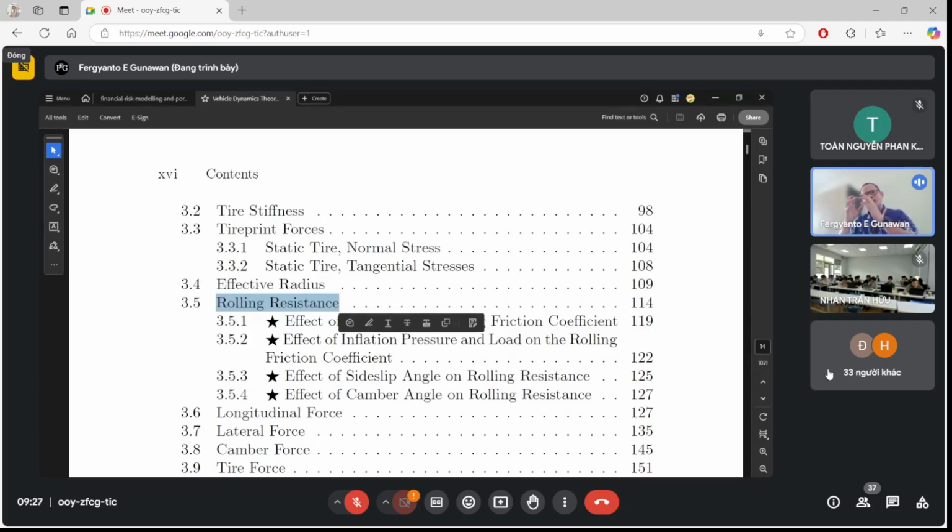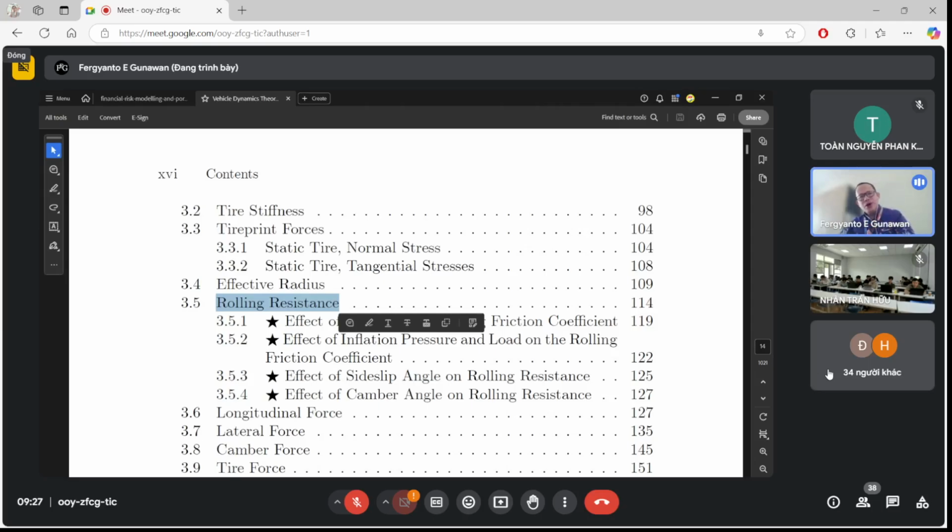The rolling resistance is the force opposite to the movement. So if a tire is moving forward, then the rolling resistance force acts backward, and the rolling resistance makes the tire stop rolling. This happens due to the elasticity of the tire material.